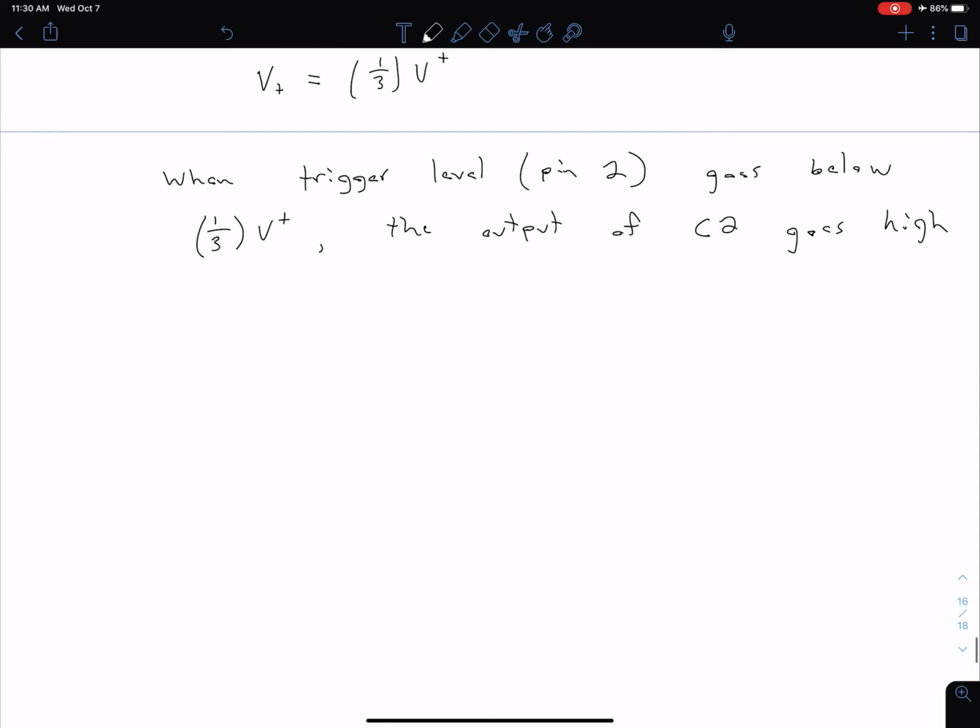So this being high means that our RS flip-flop output goes low. And that means that the discharge transistor is going to be turned off.